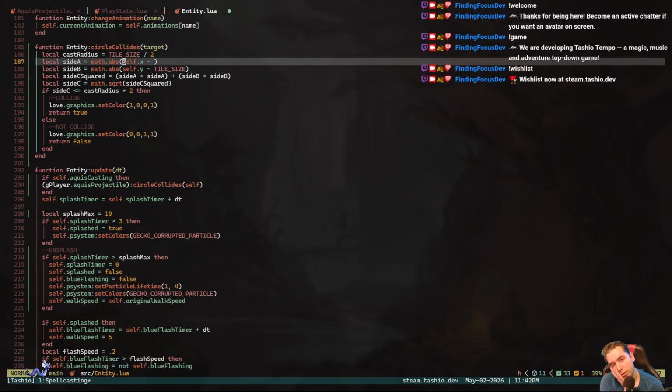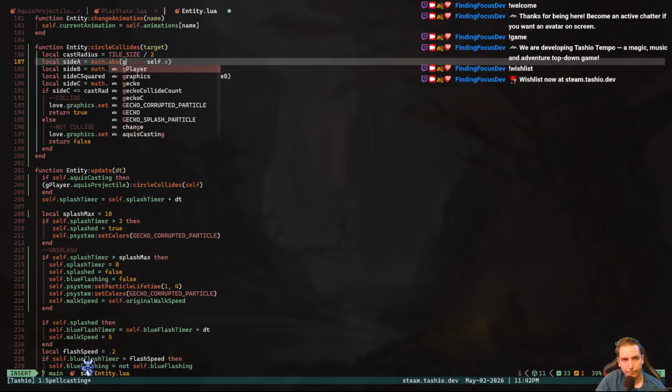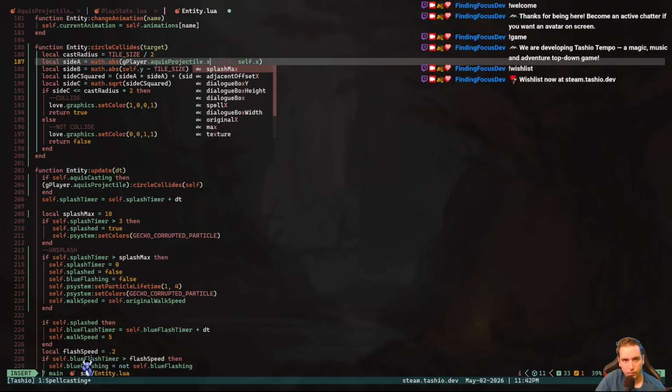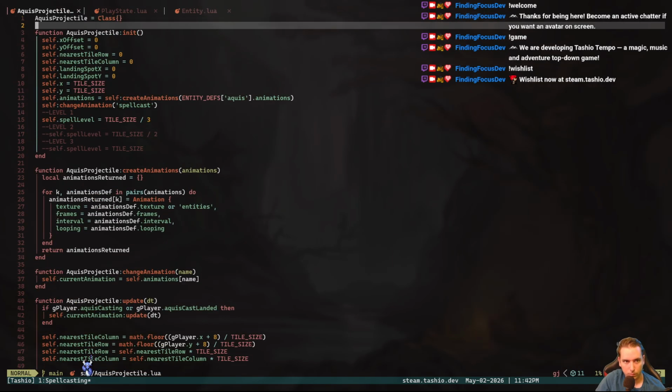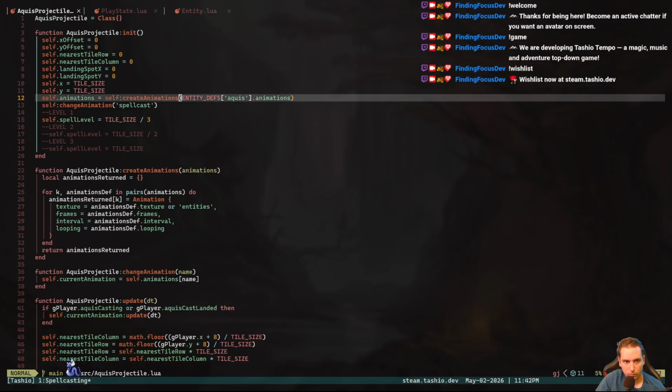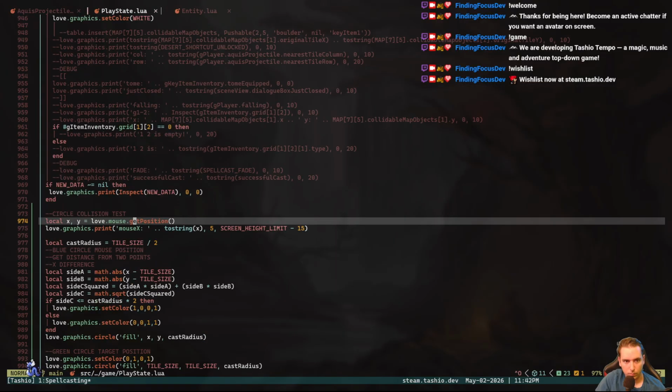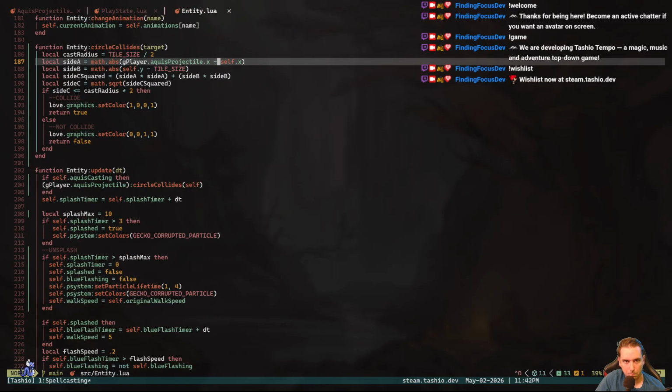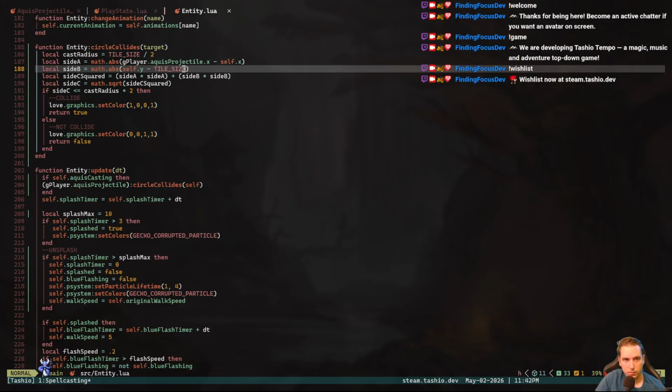So if we want to subtract the self x, we want to do that from the aqueous projectile. Okay. Let's try this.